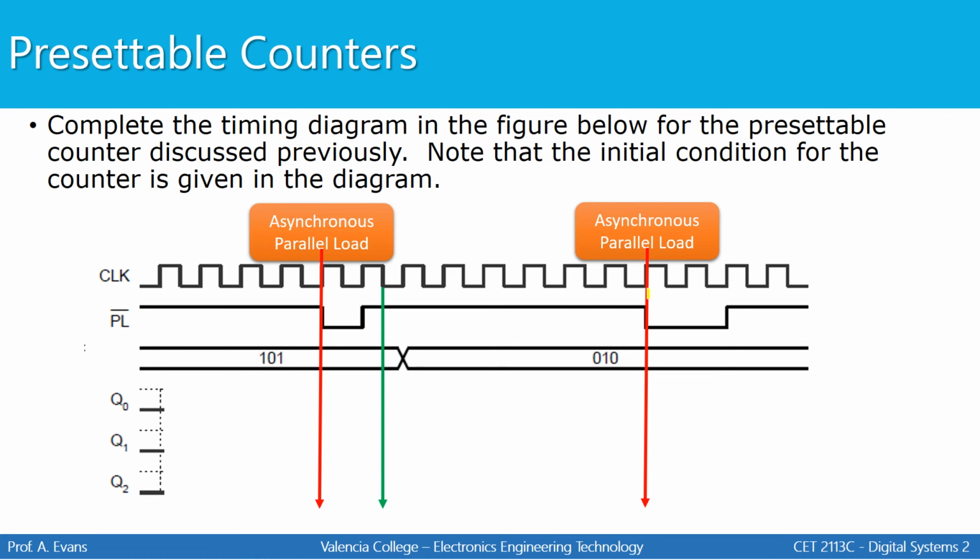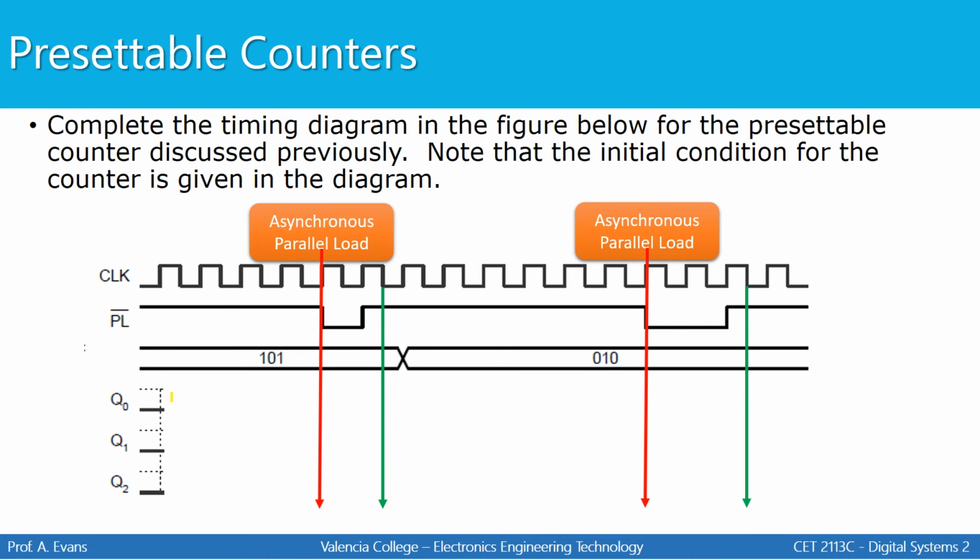Our other parallel load happens once again right here when pulse load goes low. And again, as long as this is low, no counting will occur. The only thing that can happen is the load. Once this goes high, we wait for the next applicable clock transition, and then it will begin to count once again. Now that we've identified these critical points, it'll be pretty easy to fill in the waveform.